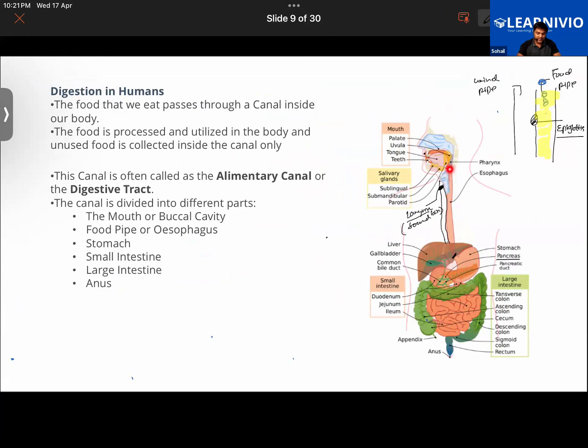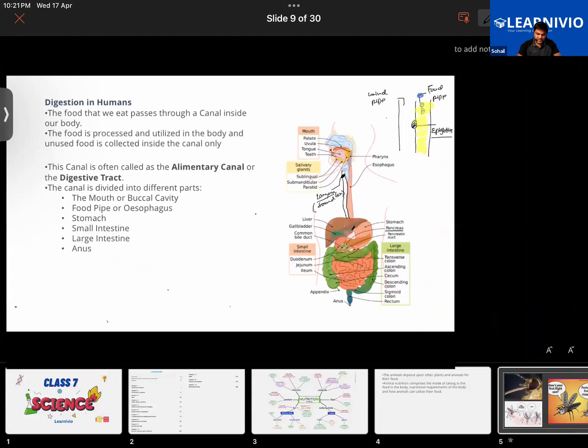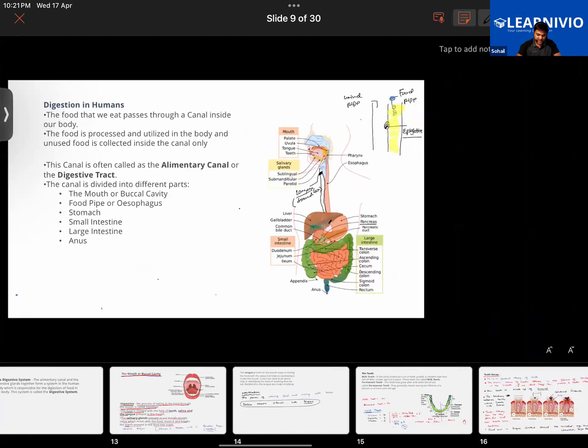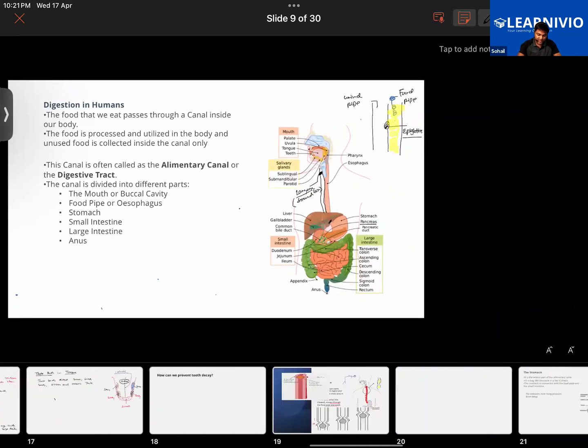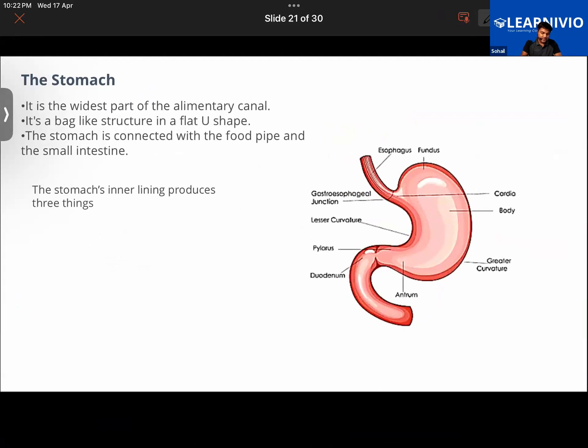So the stomach, which is a J-shaped organ, is the widest part of our alimentary canal. It's a bag-like structure in a flat U shape, or sometimes you can assume it to be J-shaped as well.